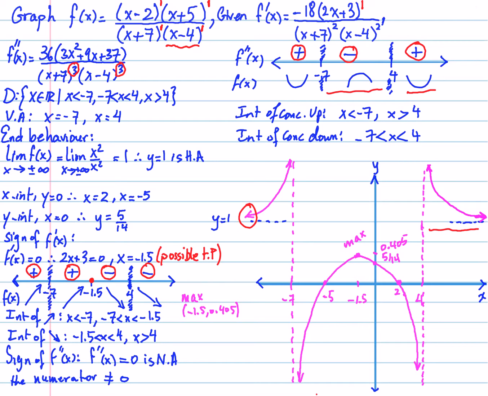Concavity in between -7 and 4. Concavity for less than -7.